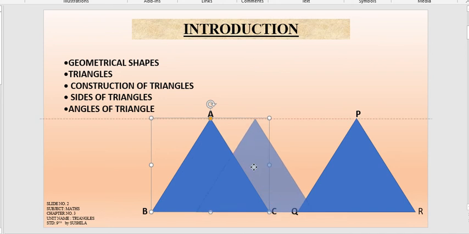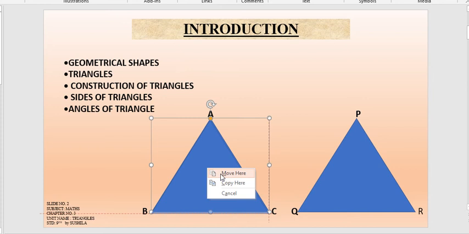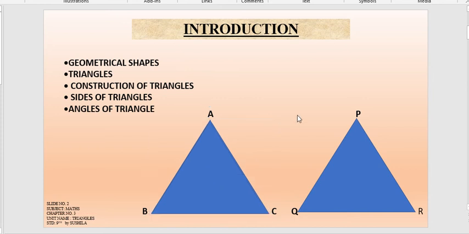If I take this triangle and keep it on the other triangle PQR, it fits properly on all the sides of the other triangle, that is PQR.